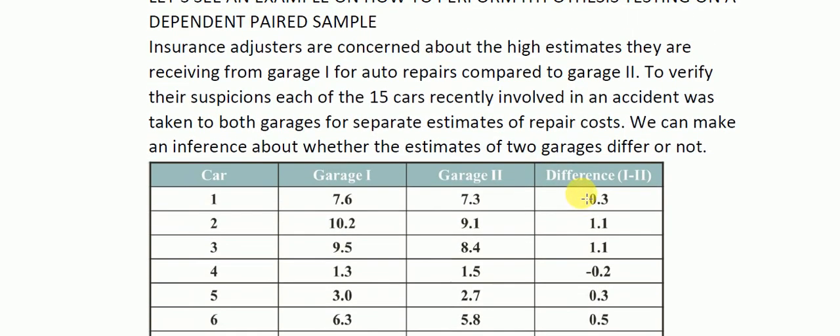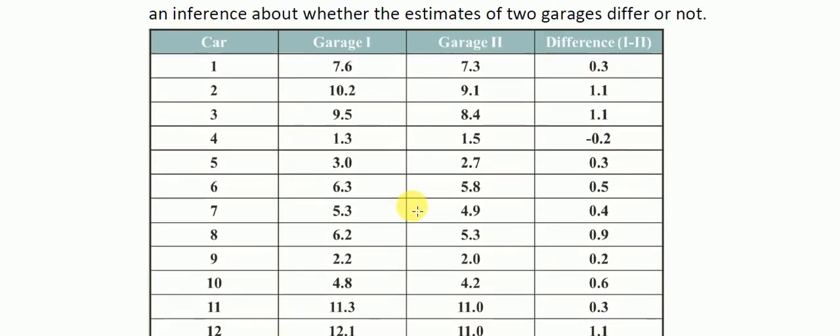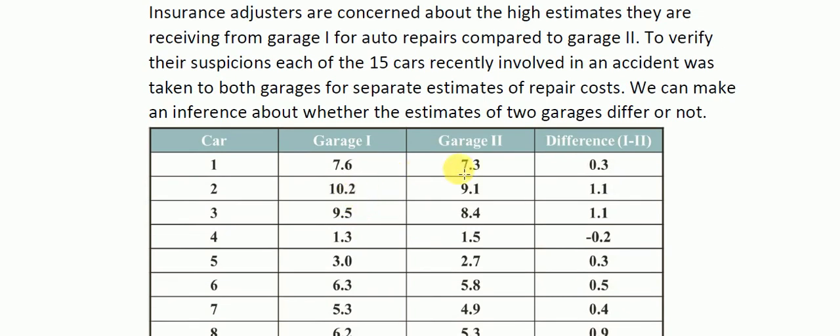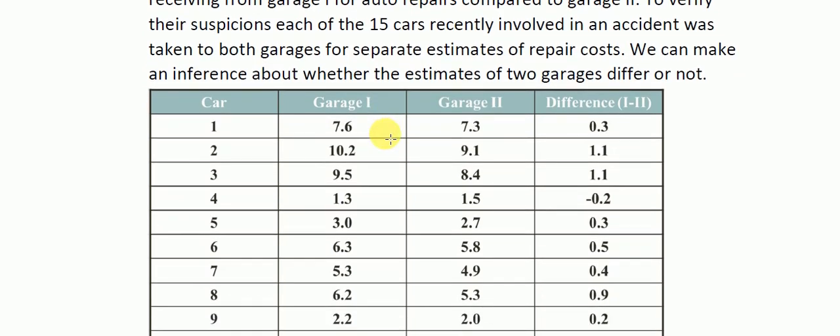So basically, we have these 15 cars, then we have these two garages, and these 15 cars were involved in accidents, and then they were taken first to this garage, and after another accident they were taken to this garage. So basically the cars are the same, so the two sets of samples are linked because the cars are the same.